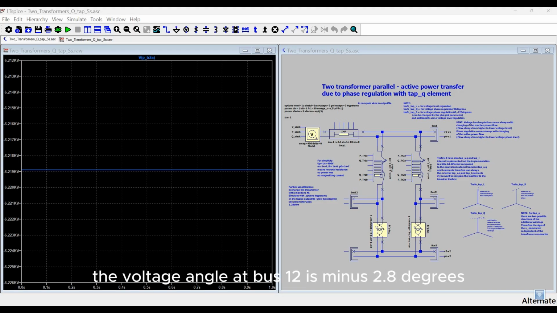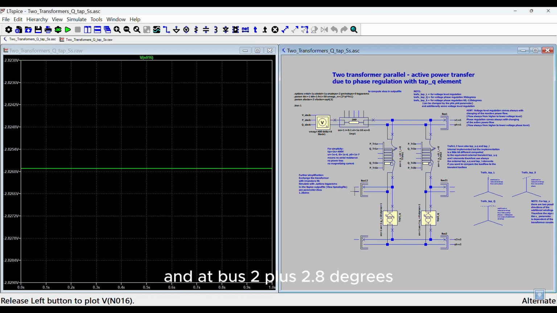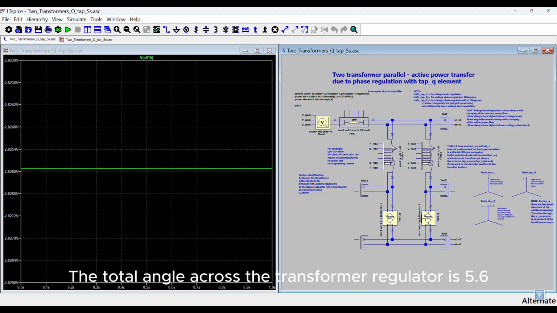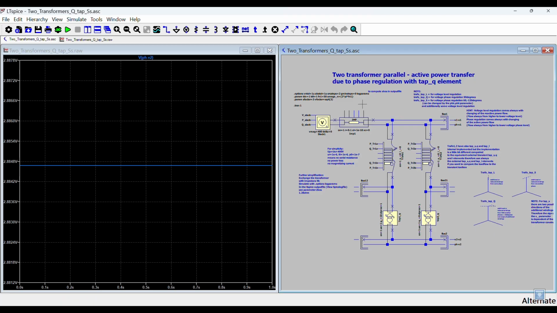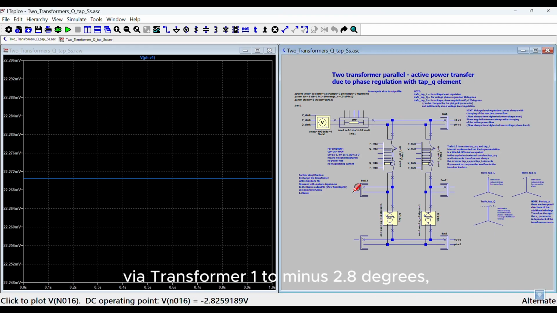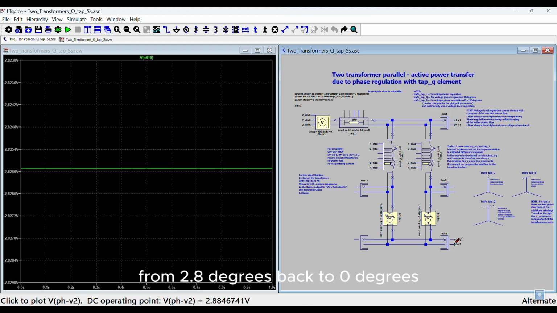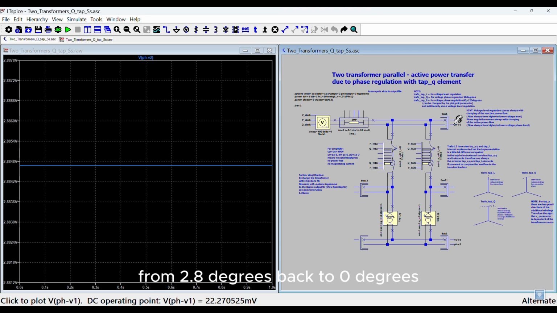At Q equals 10, the voltage angle at bus 12 is minus 2.8 degrees, and at bus 2, plus 2.8 degrees. The total angle across the transformer regulator is 5.6 degrees. The active power flows from 0 degrees at bus 1 via transformer 1 to minus 2.8 degrees, then via transformer 2 from 2.8 degrees back to 0 degrees.